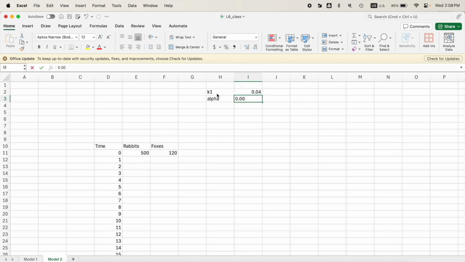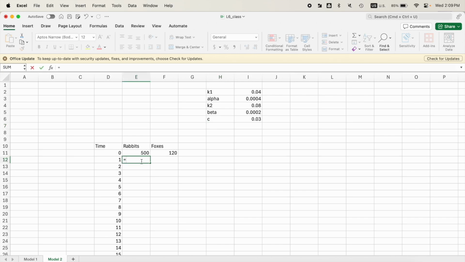Alpha value should be 0.004. K2 is 0.08. Beta is 0.0002. And C, in this case, I'm going to choose 0.03. So 0.03 for C means that there are just 3% of prey who go into hiding when they encounter foxes.